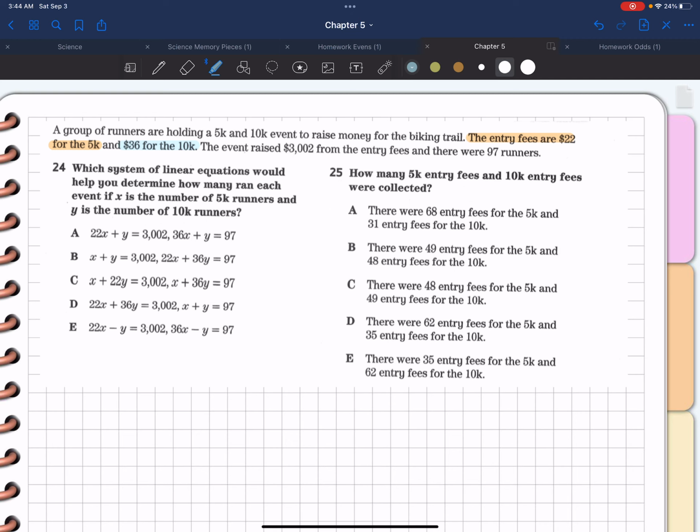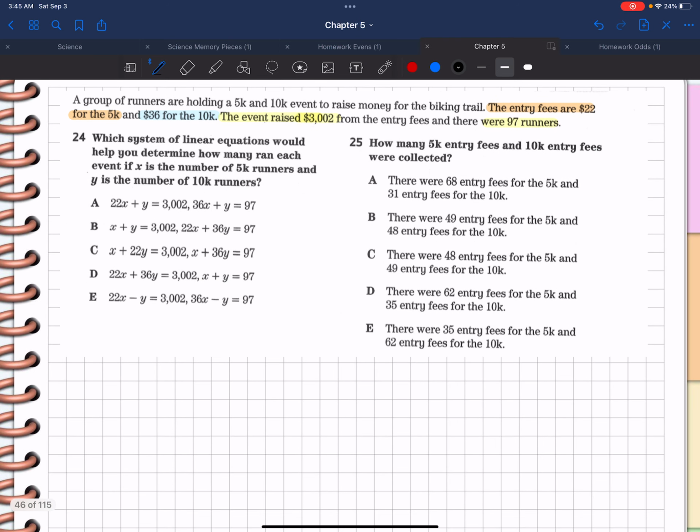The event raised $3,002 from the entry fees, and there were 97 runners. Which system of linear equations would help you determine how many ran each event if X is the number of 5K runners and Y is the number of 10K runners?